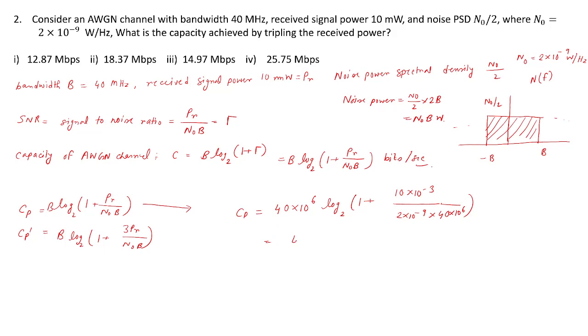By the way, this unit is bits per second. Now, removing 10 to the power 6, I am writing it as megabits per second. And here we obtain log base 2 of 1 plus 10 to the power minus 2 by 8 into 10 to the power minus 2. Correct? Okay, correct only.